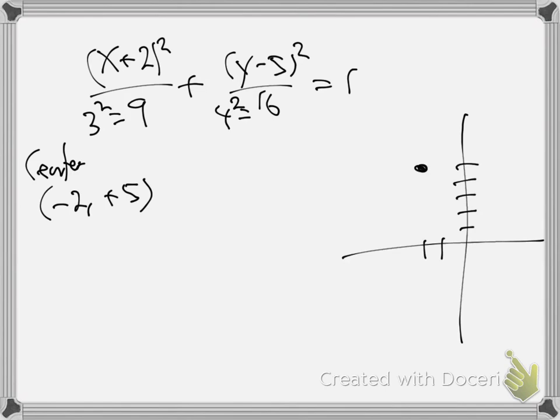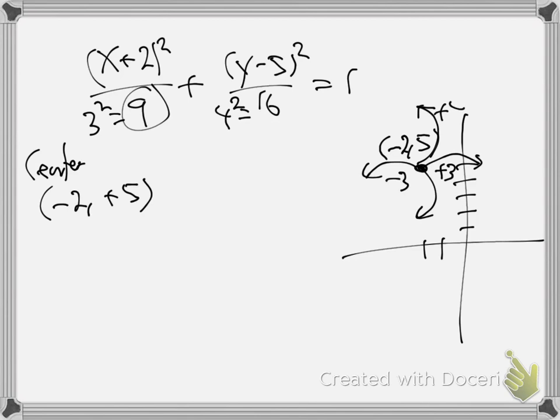It's going to go right and left 3, and then up and down 4. So it's more up and down than it is right and left, isn't it? It's a little bit taller than it is wide.